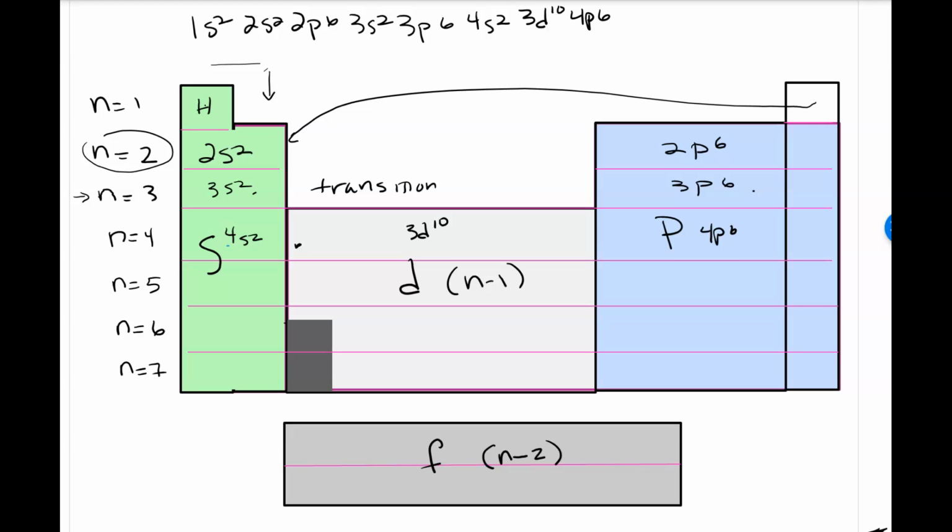After I get to krypton, which will be 4p6, I come here, I have 5s1 and 5s2. Then I get to the D block, and it's going to be n-1, so it'll be 4d10, 5p6.